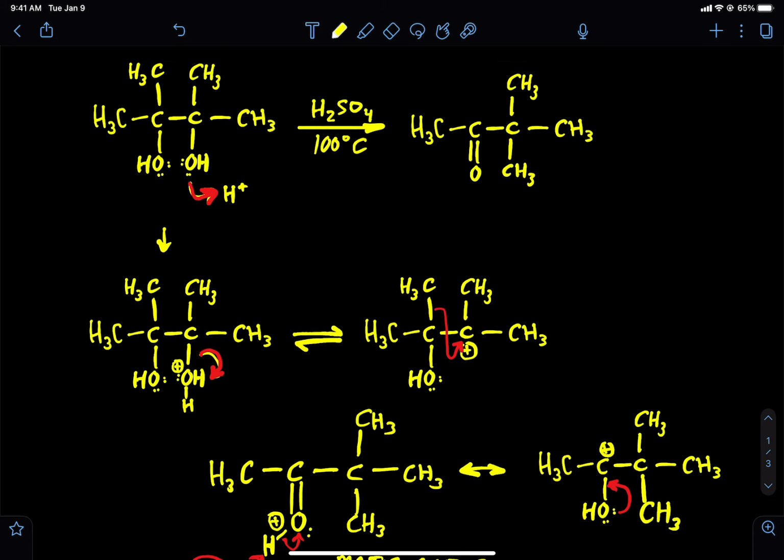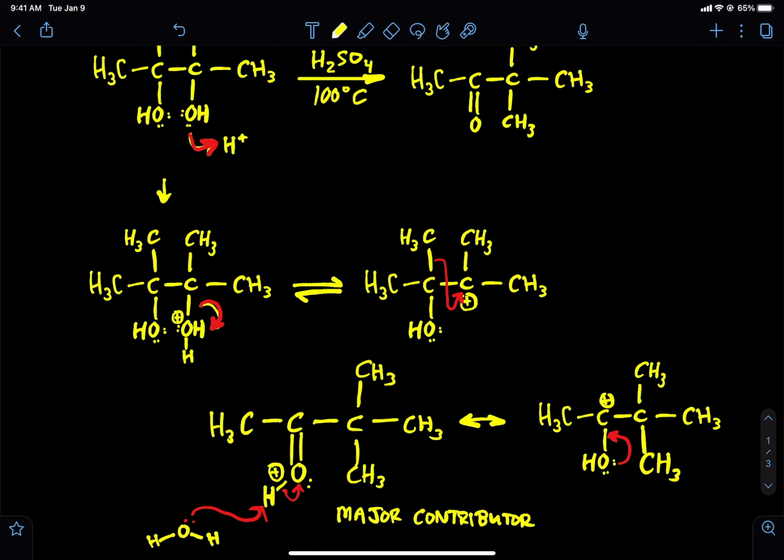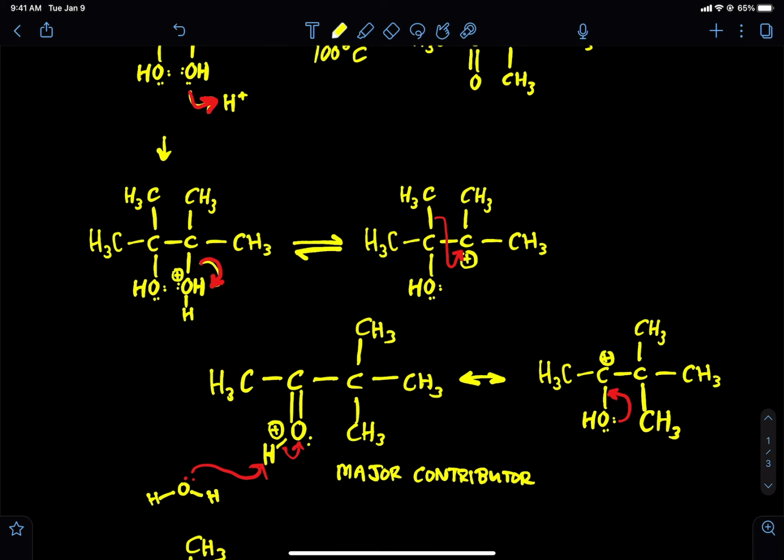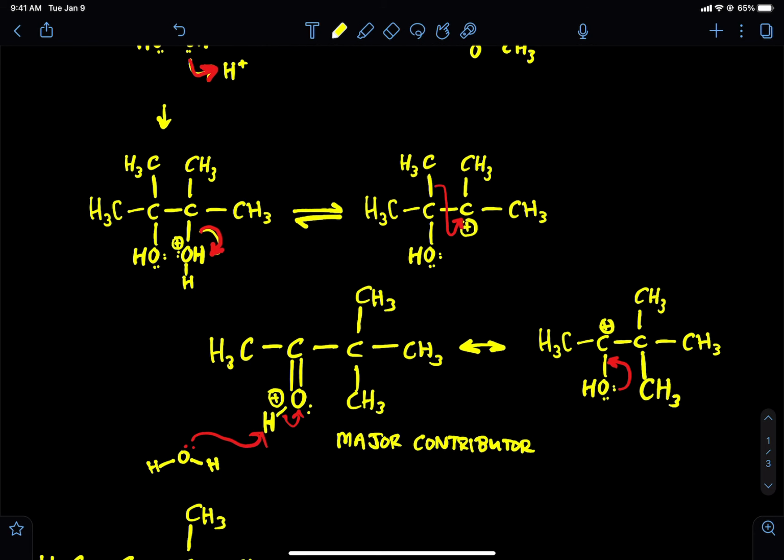The tertiary carbocation is furthermore made more stable by undergoing a rearrangement where the methyl group migrates from the neighboring carbon to the carbocation. That gets us a resonance stabilized carbocation on the carbon bearing the remaining alcohol.